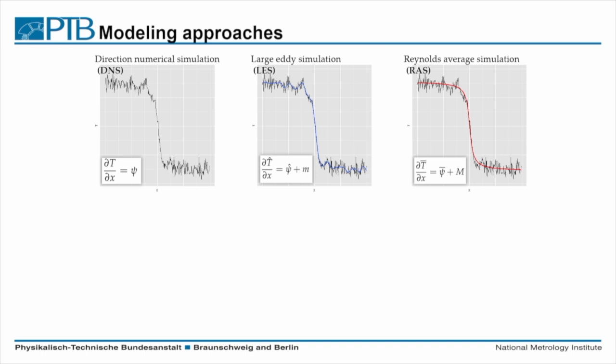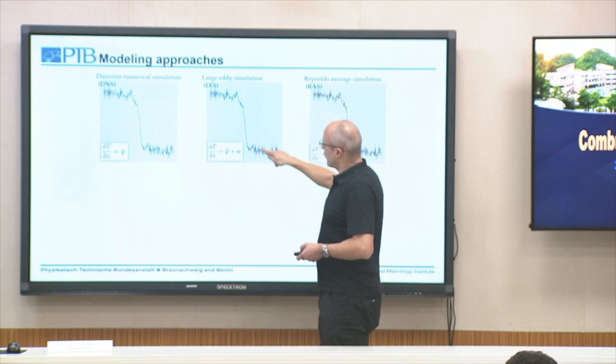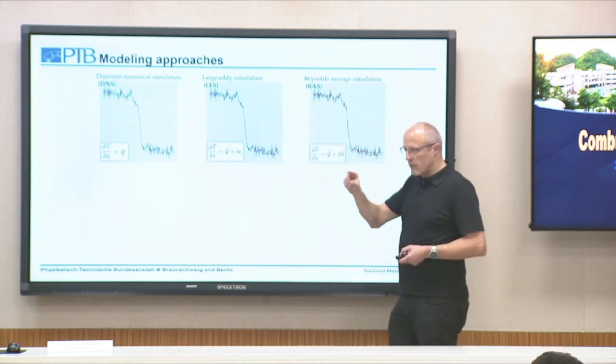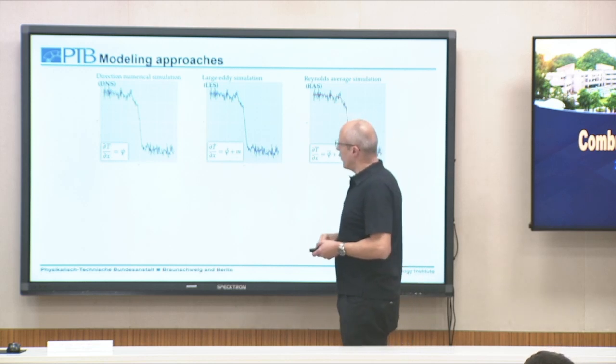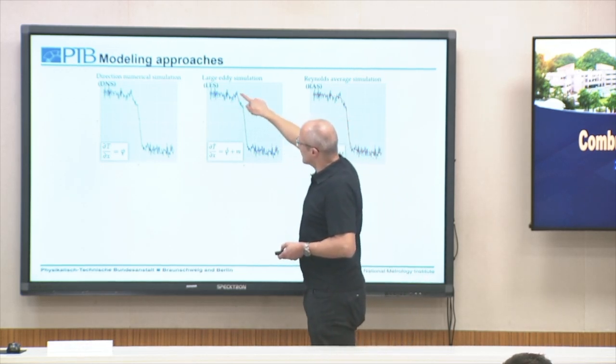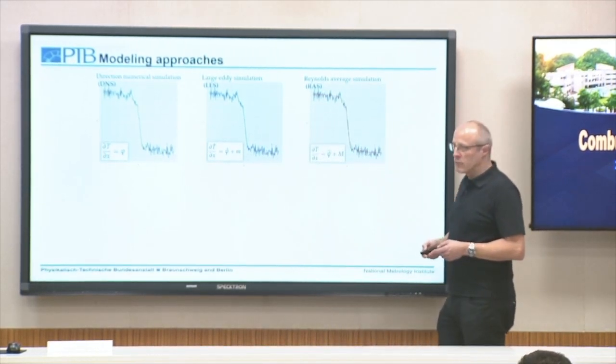If we use LES simulations, it gets a little bit finer, so the cores or the larger vortices are resolved, and the smaller vortices are again modeled. So LES, okay, looks better, but still the fine fluctuations are not resolved.